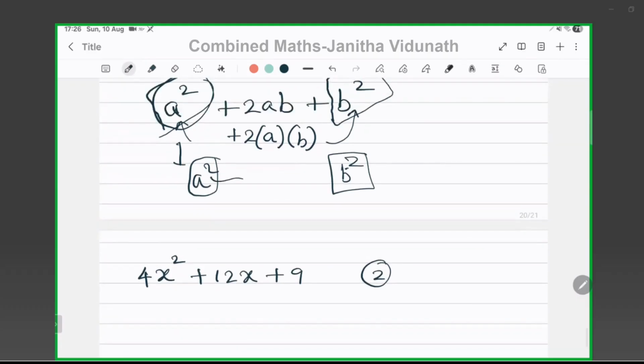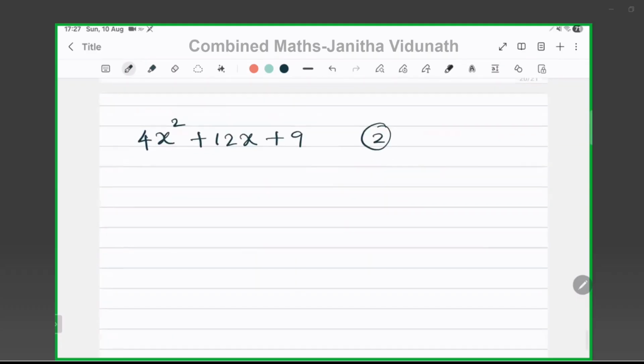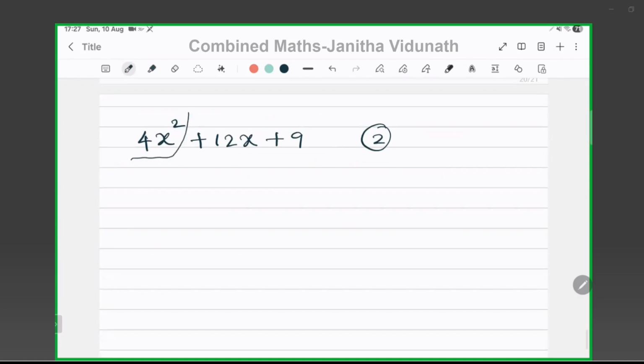Then here we can observe that this is (2x) whole square. Here we can observe that this is 3 whole square. Then we have another term.